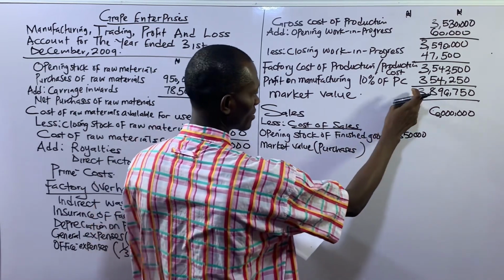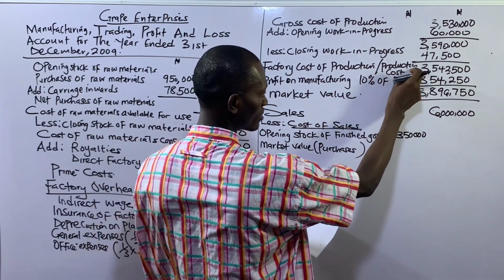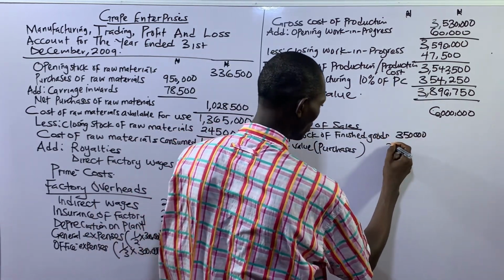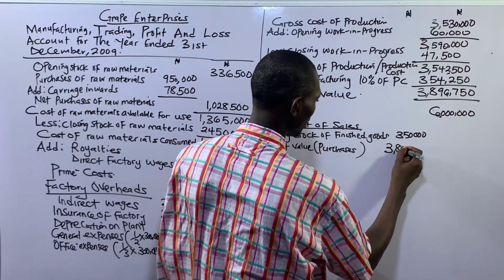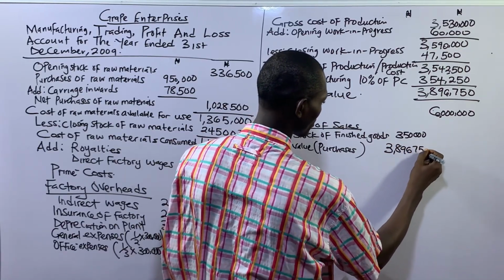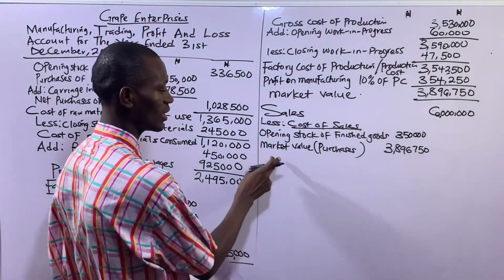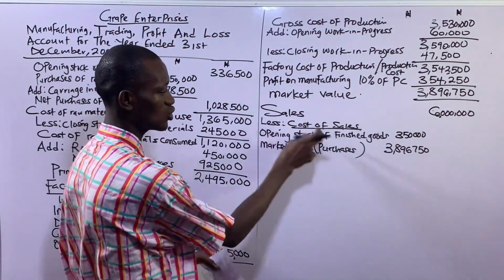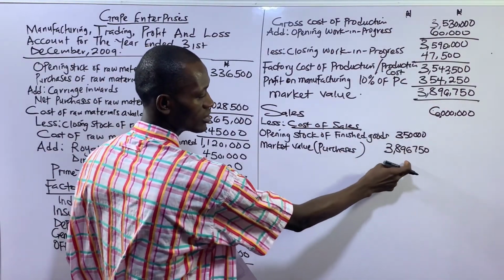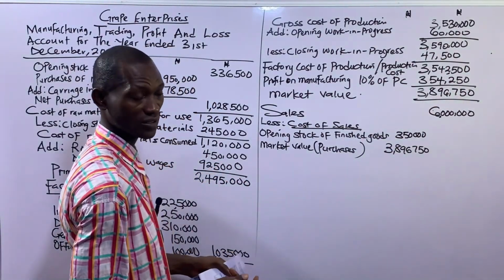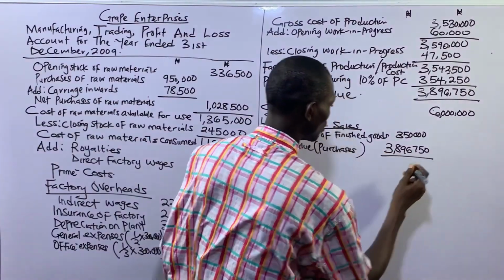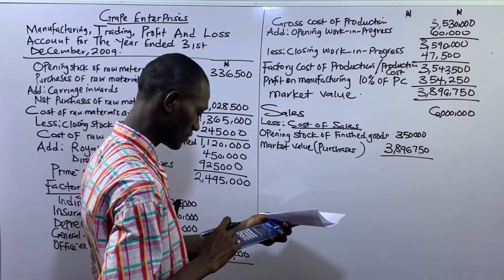So we are going to use this, not this. I hope that is understood. So 3,896,750. If there is any additional finished goods purchase, you are going to add it to this. But there is no additional finished goods purchase. So you have this added plus 350,000.